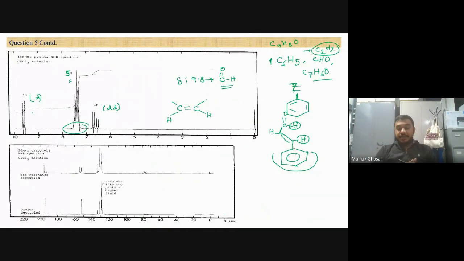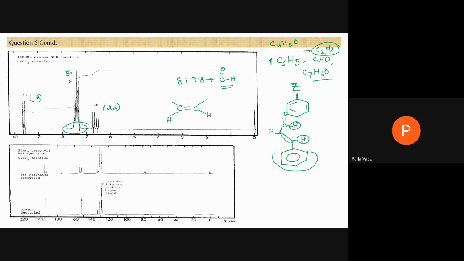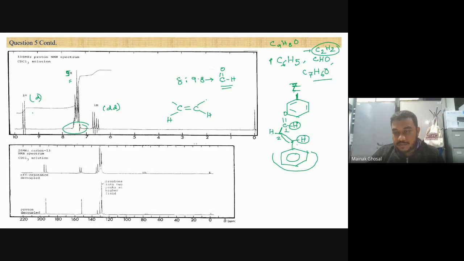Now I need to match it with the 13C NMR. In this structure, how many different carbons will be there? 7, sir. 7. This one is 1, this is 2, this is 3, this is 4, and these 4 carbons will be the same.